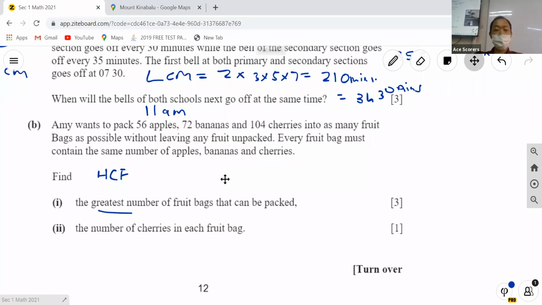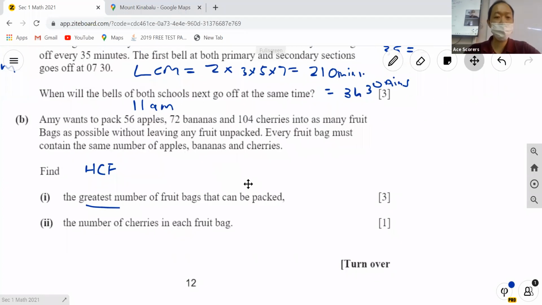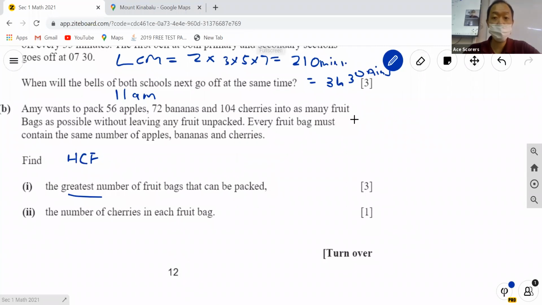Next one. Amy wants to pack 56, 72, 104. Same thing, just find the HCF. So index notation again. 56 equals 4, is this 4? 56 can do 4. Yep, 8. So it's 2 cubed times 7.